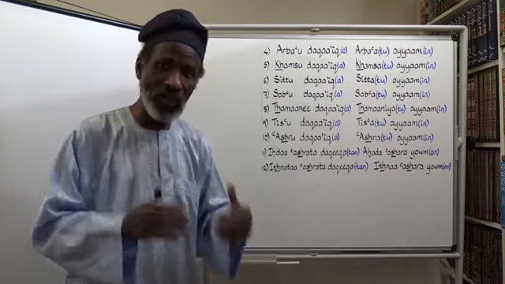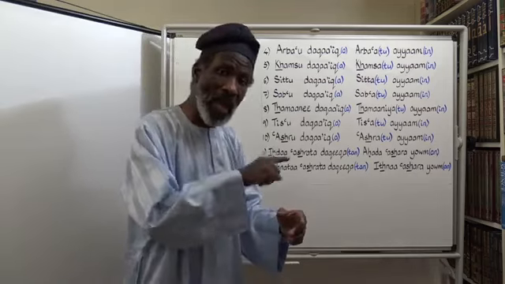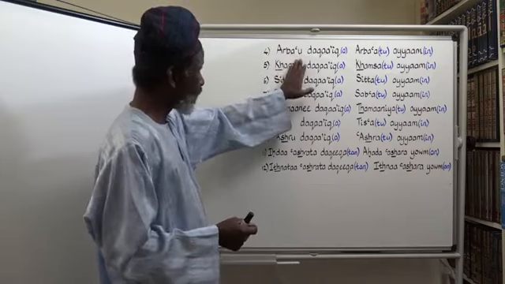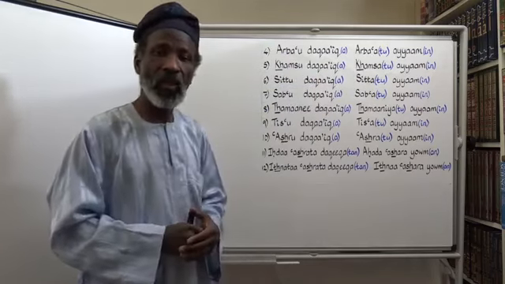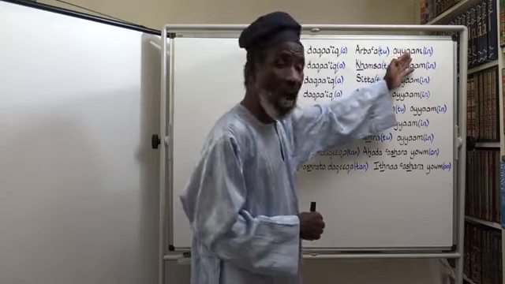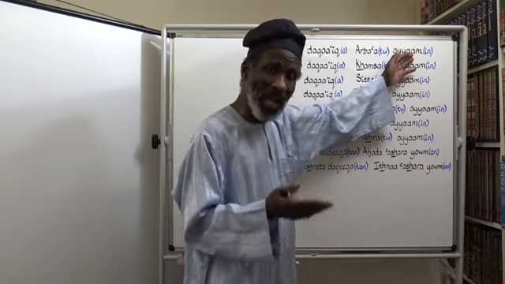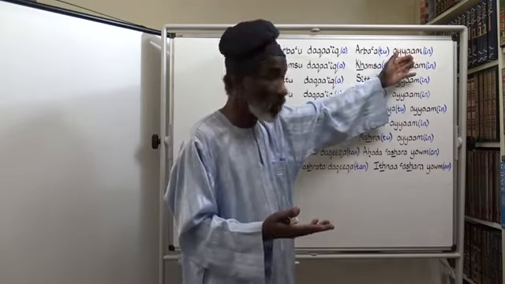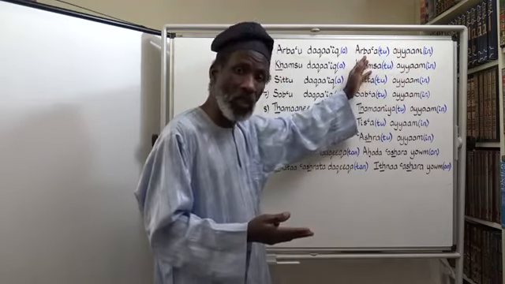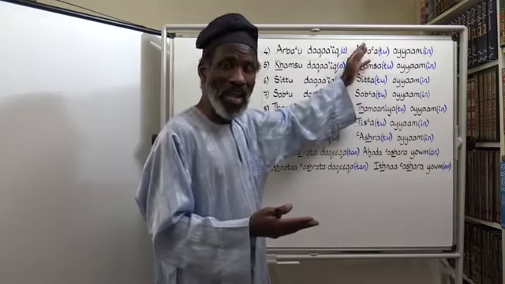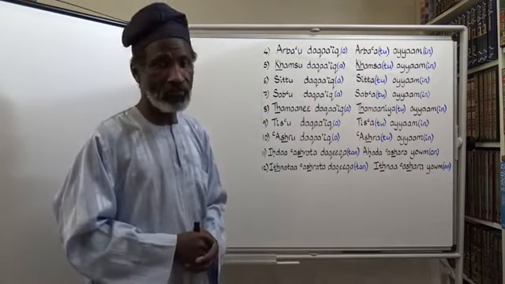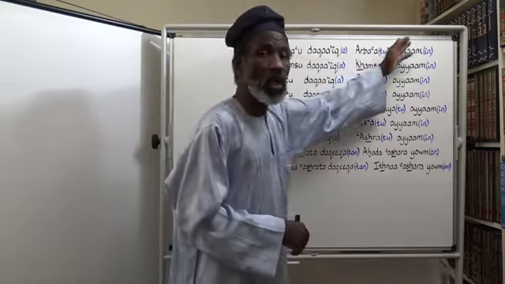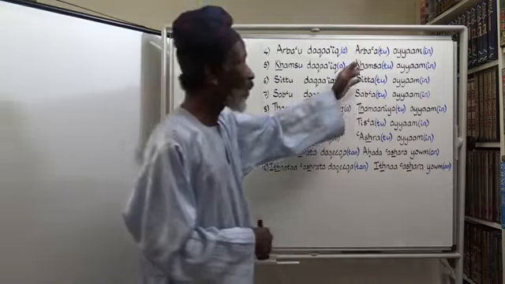So when you are counting that, you use the male version of number 4. Arba'u daqa'iq. But ayyam, which is days, day in Arabic is a masculine word. So therefore we're going to be using 4 in a feminine version. Arba'atu ayyam.